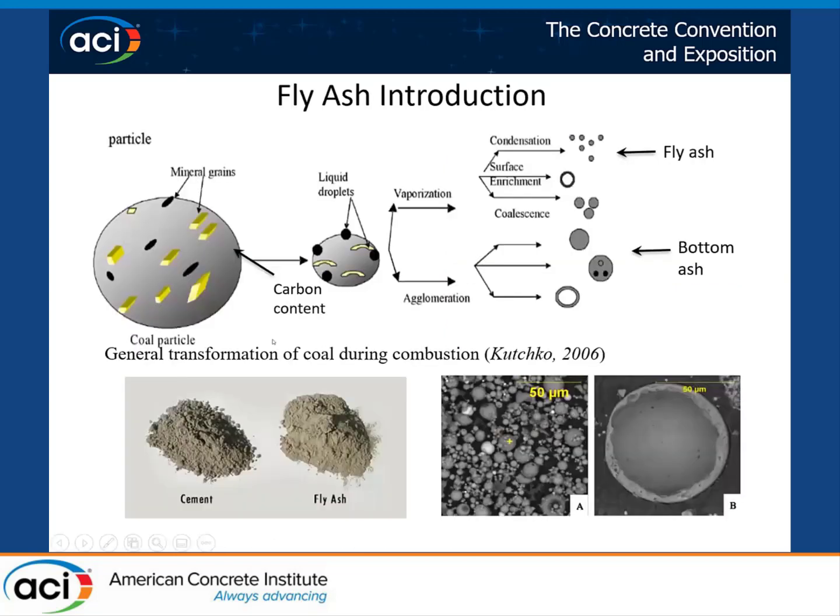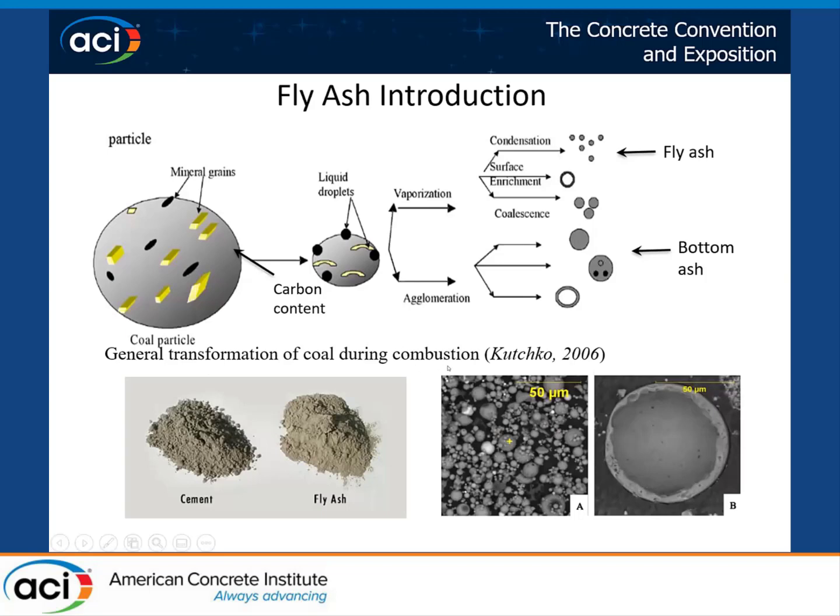Fly ash is usually obtained from coal-fired power plants, and it looks much like cement, and their chemical compositions are also similar.